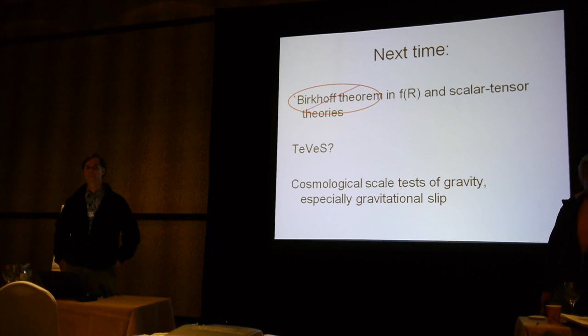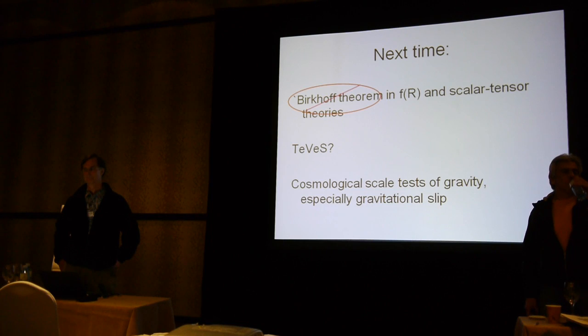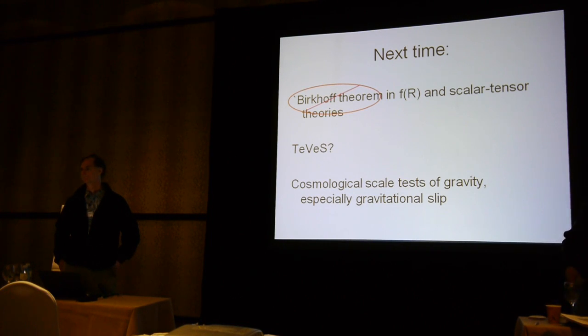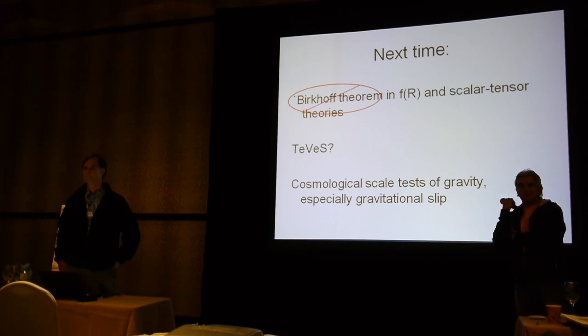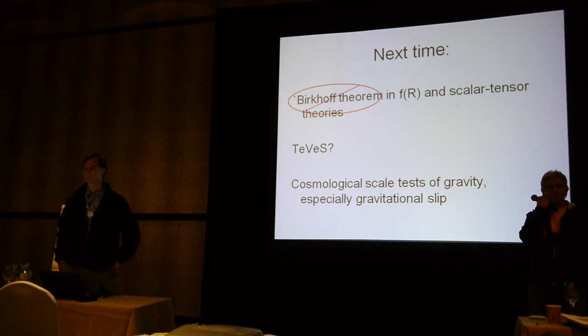So besides the plus and cross polarization modes of gravitational waves, you have the breathing mode, which affects the matter isotropically. So that's one way of seeing things. Another way of seeing things is that if you see the original theory as fourth order, then you need more initial data for the second and third time derivatives.